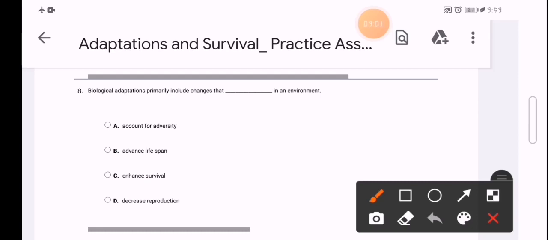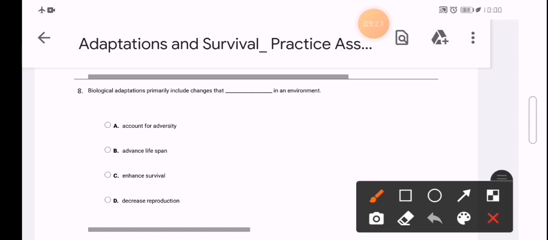Primarily means depending on, or the main target of biological adaptation. Account for adversity, we said, means to increase or to count the number of problems. So for sure biological adaptation doesn't help us make a lot of problems.